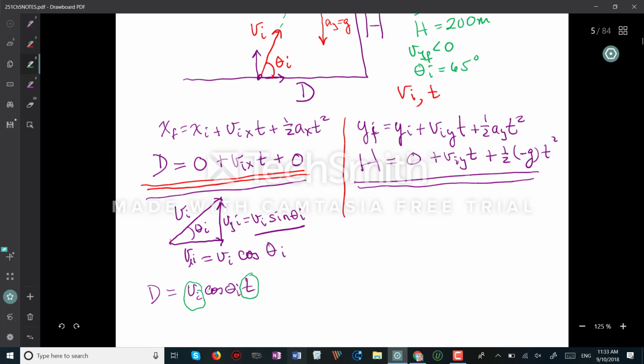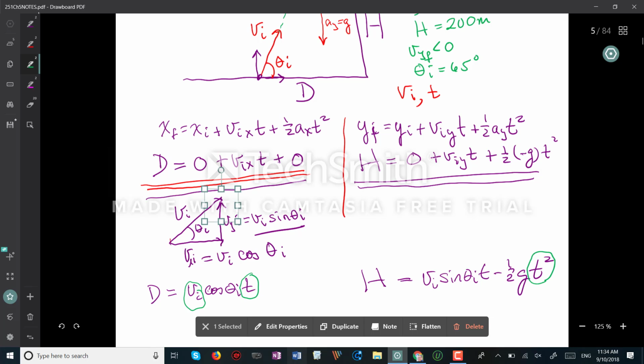Yeah? Let me apply that same logic to the other relationship. H equals V initial sine theta initial t minus 1/2 gt squared. Where are my unknowns hiding? Here, here, here, and here.